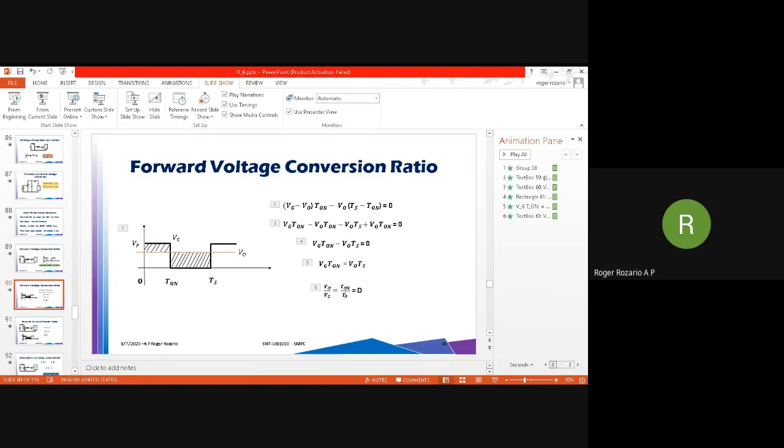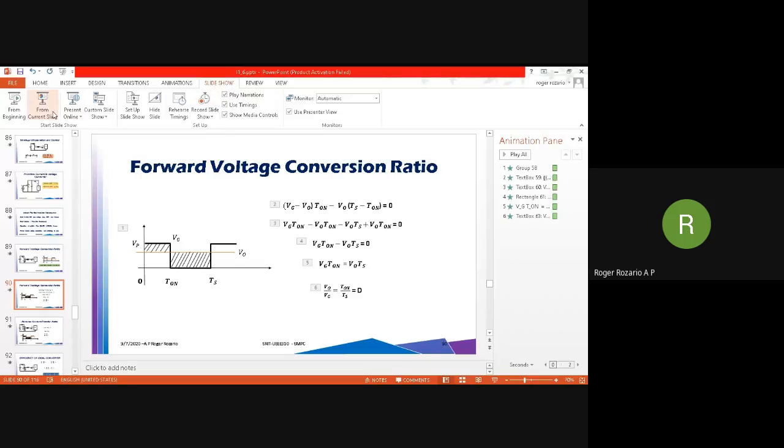Which is nothing but V0 by Vg. V0 by Vg is the forward voltage conversion ratio, and we derived it to be Ton by Ts, which is equal to the duty cycle D. So how did we arrive at this? During the on time, the voltage across the inductor was Vg minus V0.